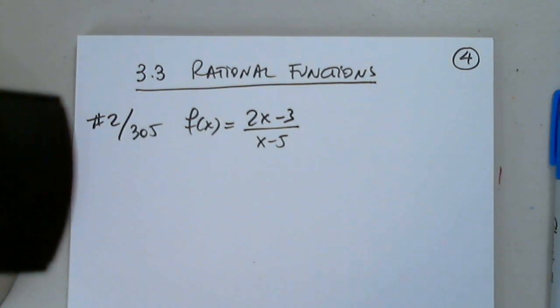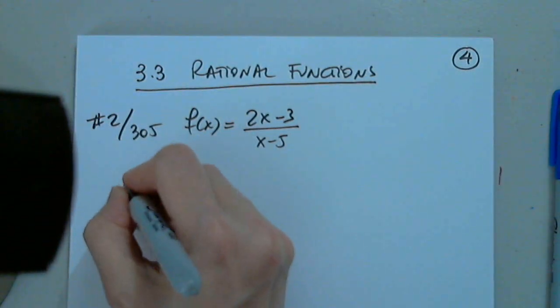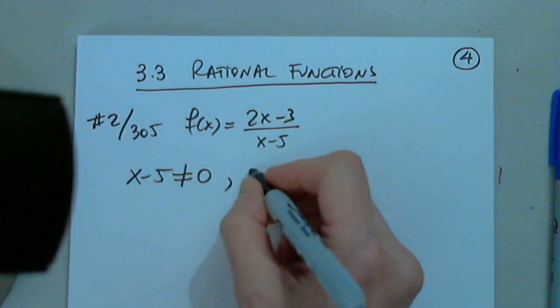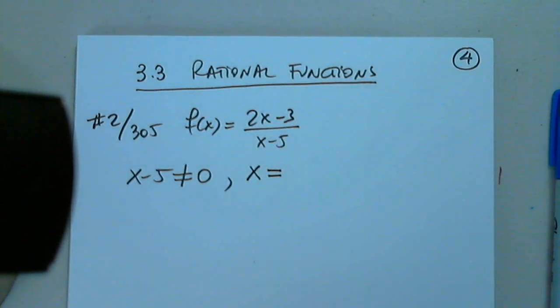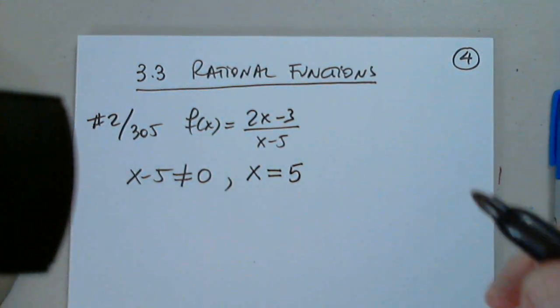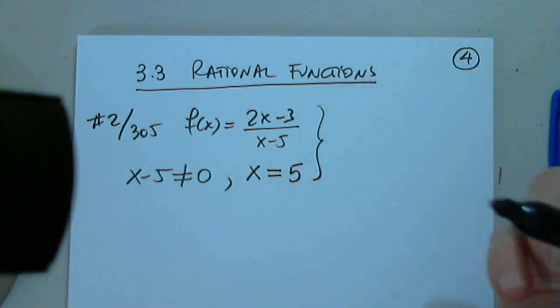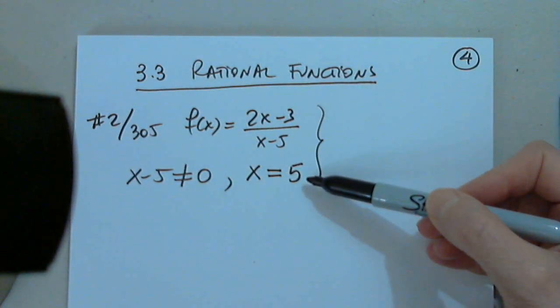The denominator is never equal to 0? Brilliant. The denominator can never equal 0, which means this function will never exist for which value of x? 5. Exactly. So this function is not defined at 5.